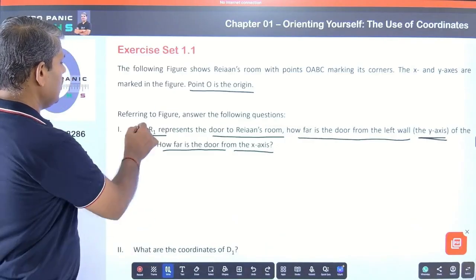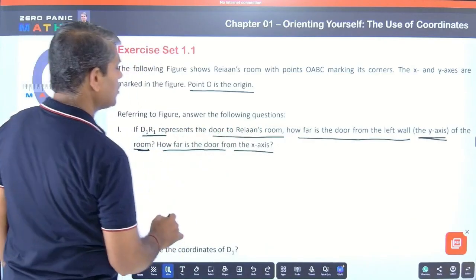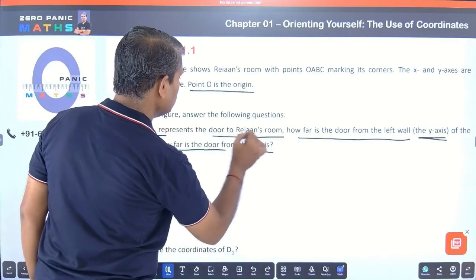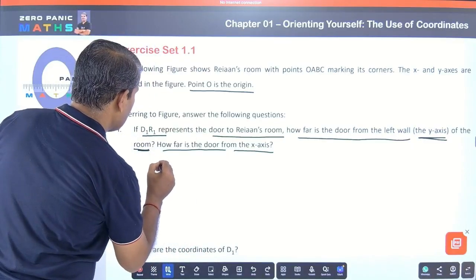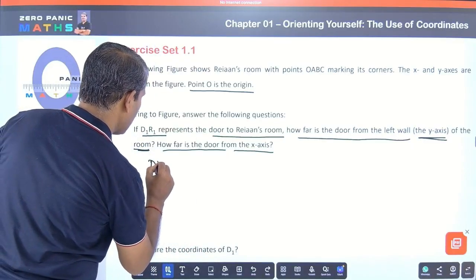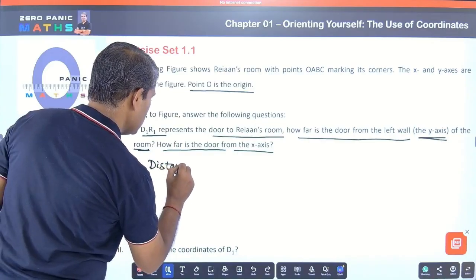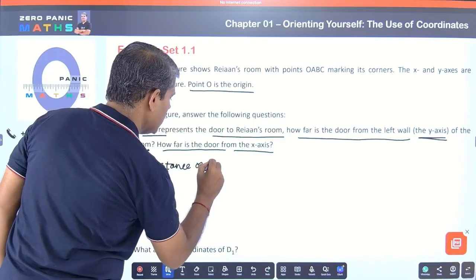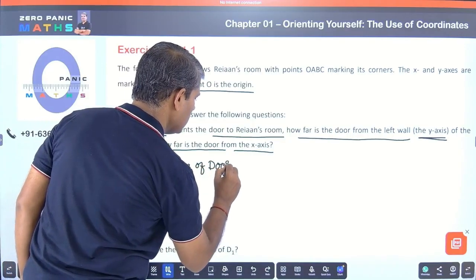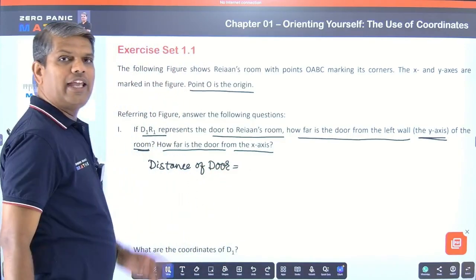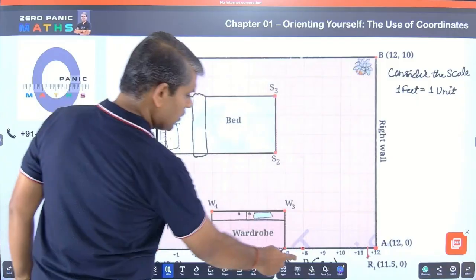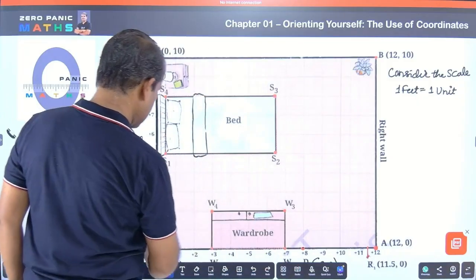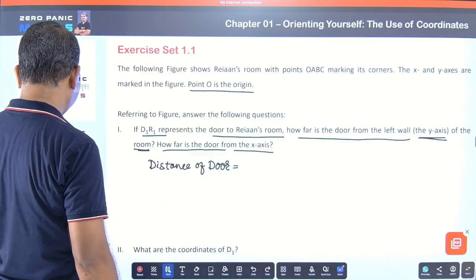So that is what I'm going to write here. If d1 r1 represents the door to Rian's room, then I can say the distance of the door is equal to the x coordinate of d1 minus the x coordinate of the origin.